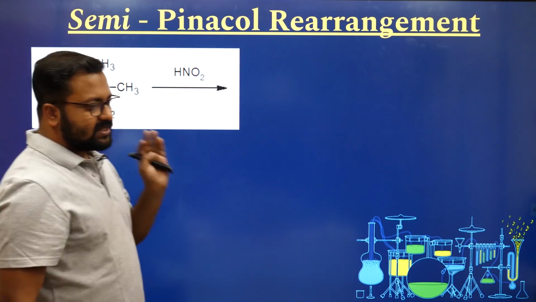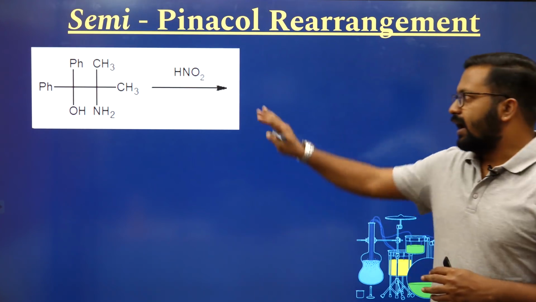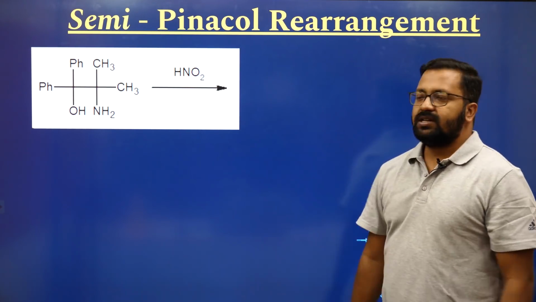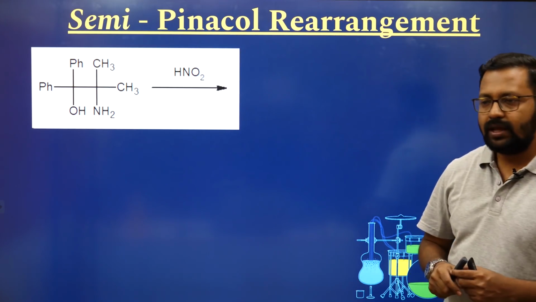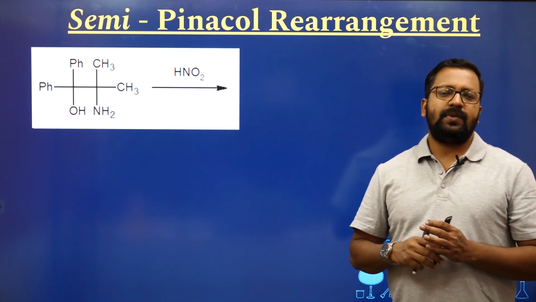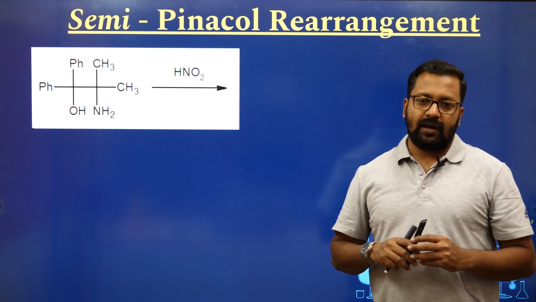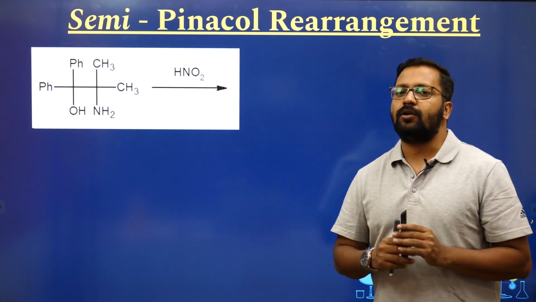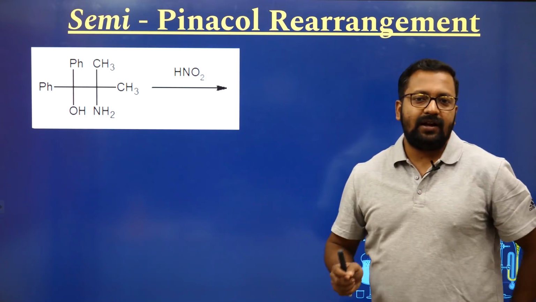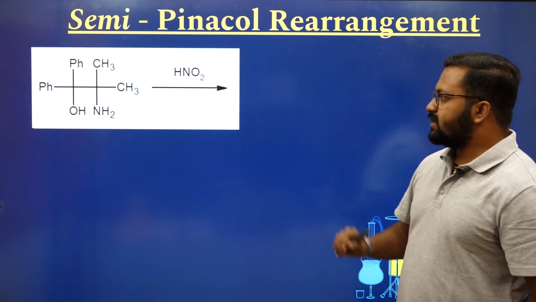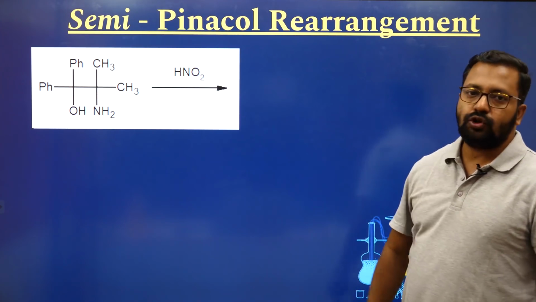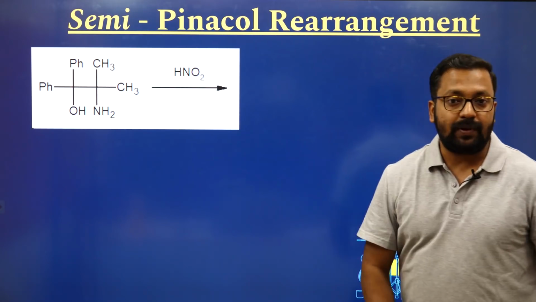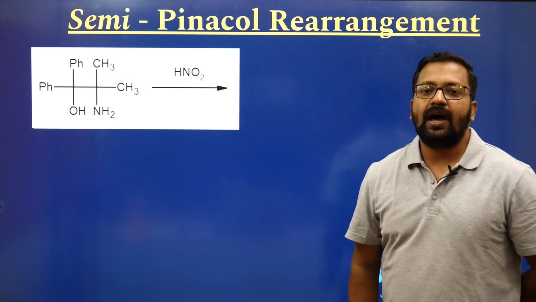So in this compound, what we have is an NH2 group present adjacent with respect to the OH group. Now, ideally if we did the typical Pinacol Pinacolone rearrangement with H plus ion, the H plus ion would get attached to the OH group at the carbon atom where two Ph groups are present, so that a more stable carbocation is formed.